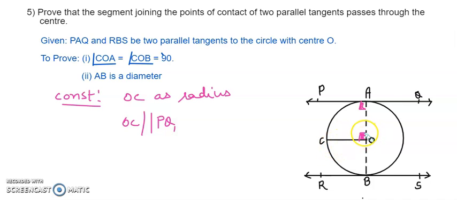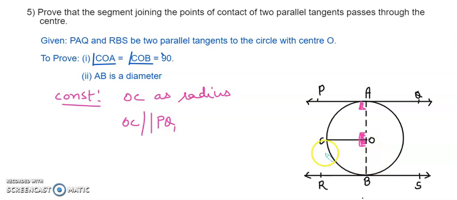Now, if this is 90 degrees, similarly I can prove this also as 90. When can I say that the two angles, that is AOC and BOC, are 90? When AB is a chord. Correct? And it's very clear that the line passing through the center is perpendicular to the radius also. That means it has to be a tangent.